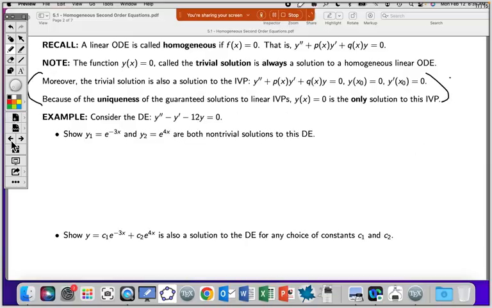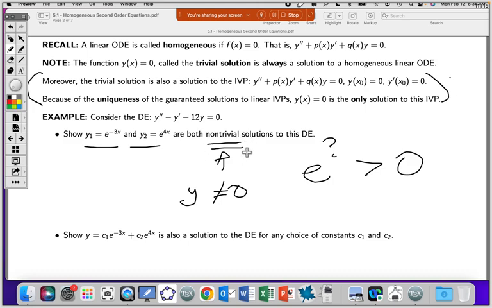And we're asked to show that y1 equals e to the minus 3x and y2 equals e to the 4x are both non-trivial solutions. So the non-trivial part, remember, just means that these functions aren't identically 0. And in fact, each of these is never 0, because e to the whatever is always a positive number.